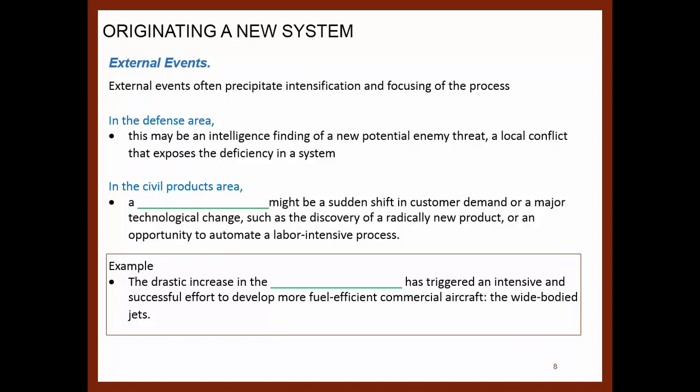Like after Hurricane Harvey, there were a lot of things that were exposed in terms of deficiencies of the system, the system in general, like government agencies and so on. So that precipitated the need of new research, new development of new systems.